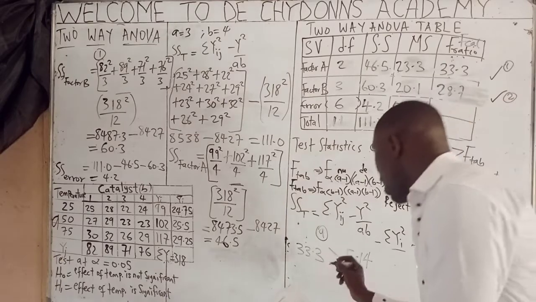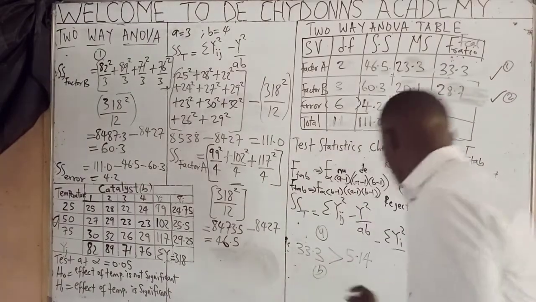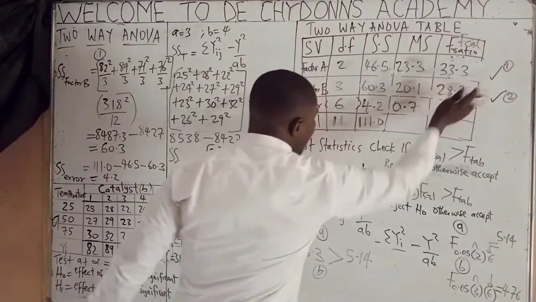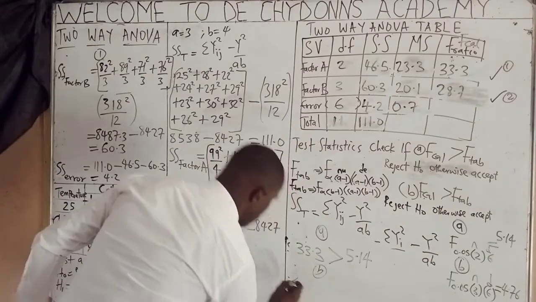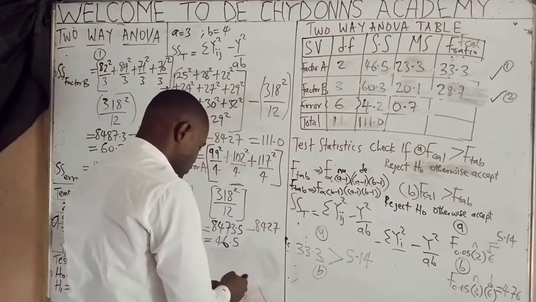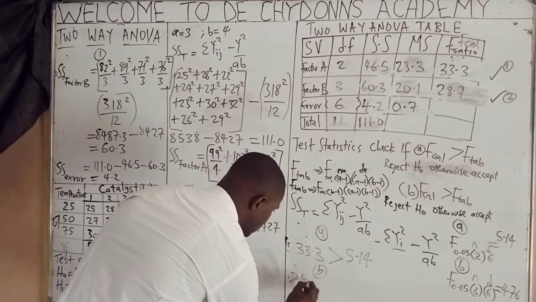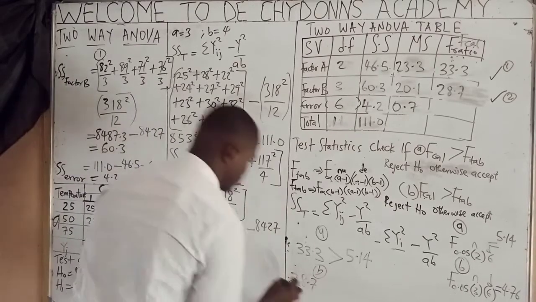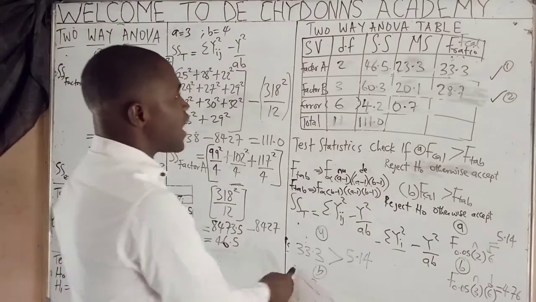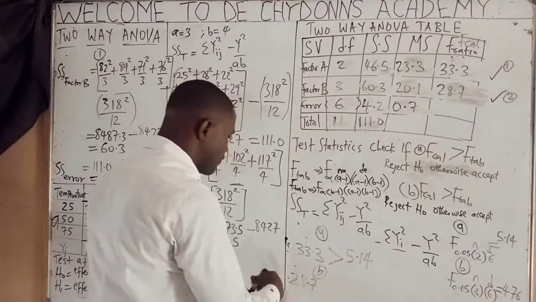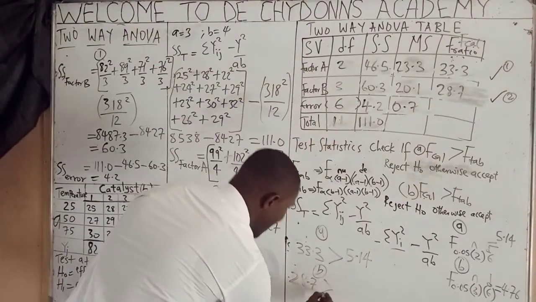Then for the second conclusion, what is our F calculated? F calculated is 28.7. Check whether it is greater than F table.